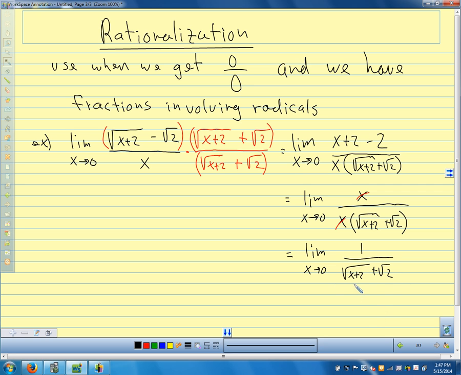And now I can plug that in, and I don't get a 0 in the denominator. We're happy. That's 1 over a square root of 2 plus a square root of 2, so we get 2 square root 2. So the graph of this function would have a hole at x equals 0, but our limit as x approaches 0 is 1 over 2 square root 2.